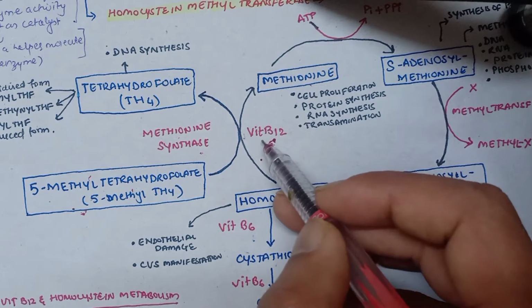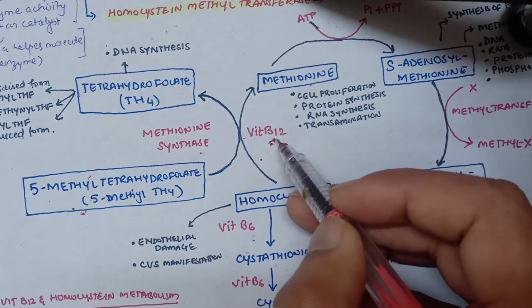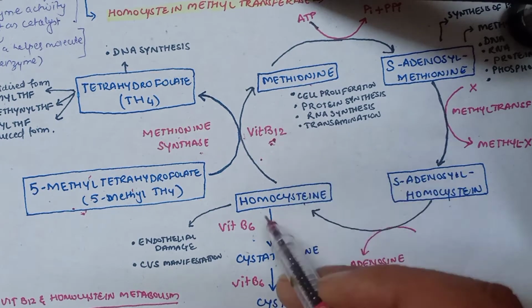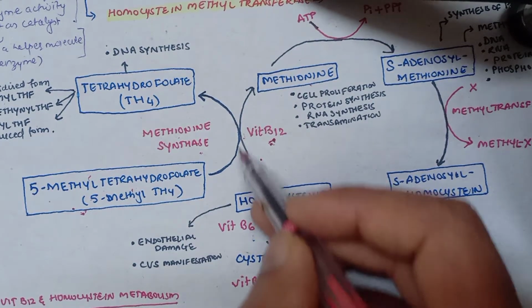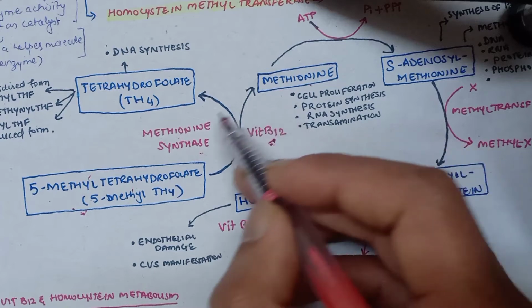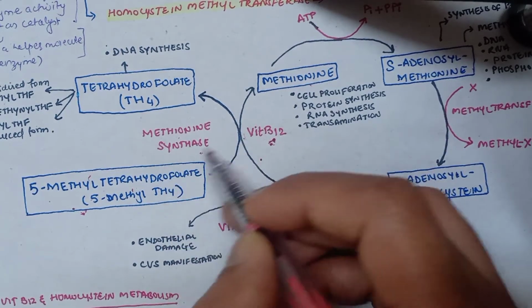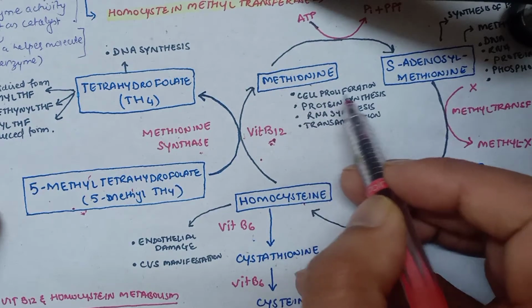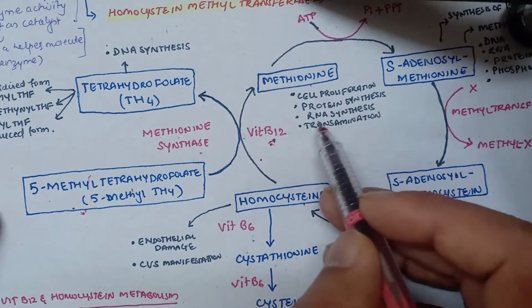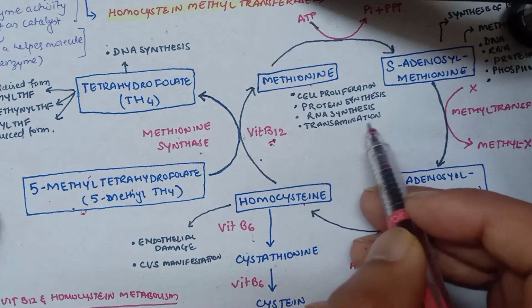Now methylated vitamin B12 will then transfer its methyl group to homocysteine, and this homocysteine will get converted into methionine in the presence of the enzyme methionine synthase. And methionine is required for cell proliferation, protein synthesis, RNA synthesis and transamination.